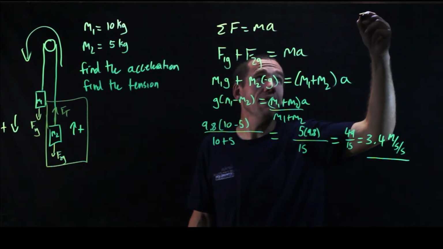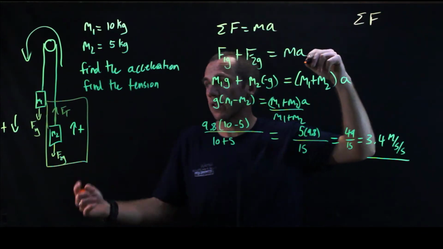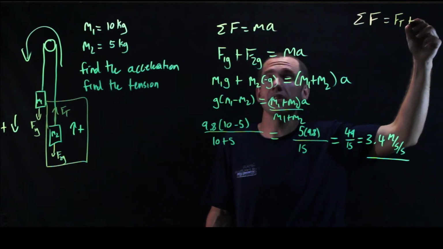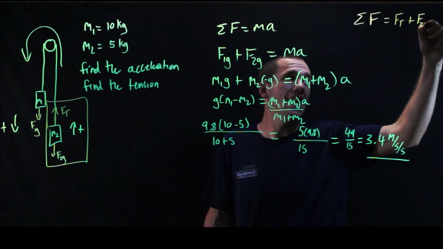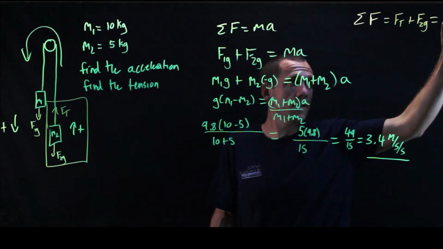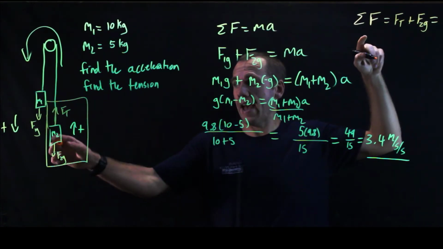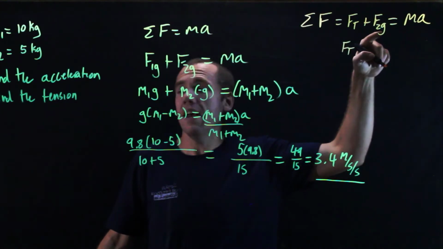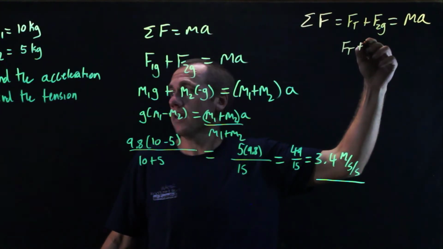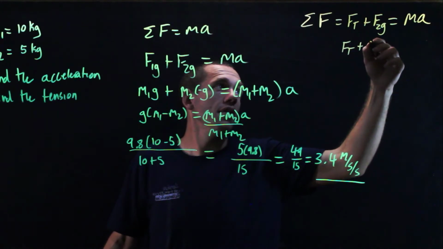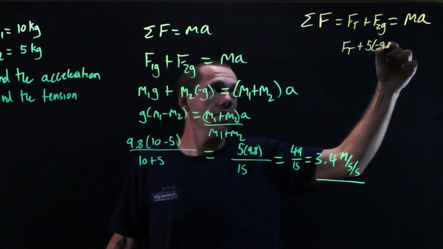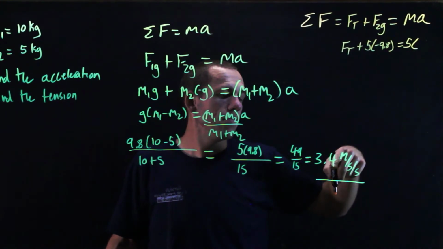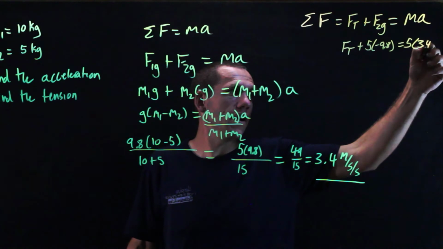So I'm going to say, all right, the net force acting on object 2 over here, and I have positive is up, is equal to Ft plus F2g, and now the mass that's being accelerated is just the mass of object 2. So I have Ft, which I don't know. F2g is plus, M2 is 5, g is negative 9.8 right there because it is down and down is negative, equals 5 times a, but I know a, it's my 3.4 that I calculated there.